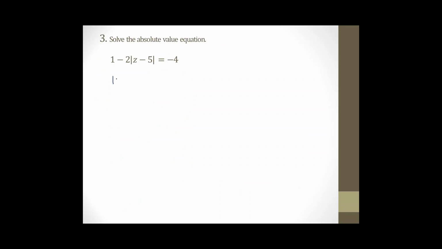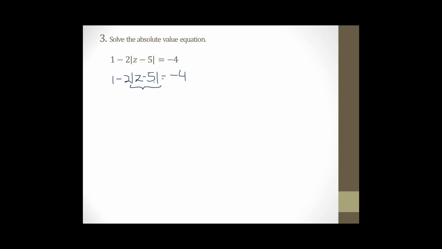So the first one, let me just copy it down, and before we can write our two statements, actually we need to isolate the absolute value bar, which is right here.